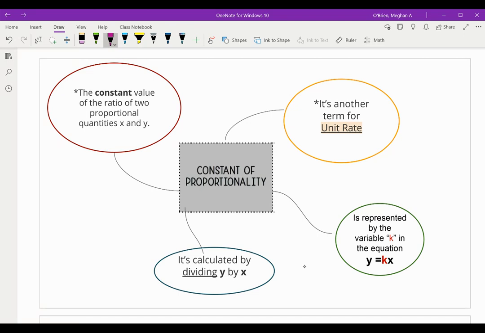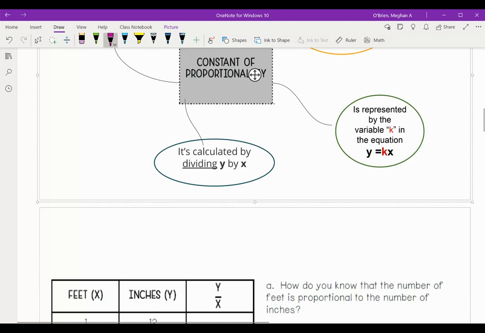It's represented by the variable k in the equation y equals kx, and that equation will make a little more sense later on. That k is where we plug in the unit rate, the constant of proportionality. And how do we calculate it? Just like we calculate the unit rate, by dividing the y by the x. It's all about looking for patterns still.